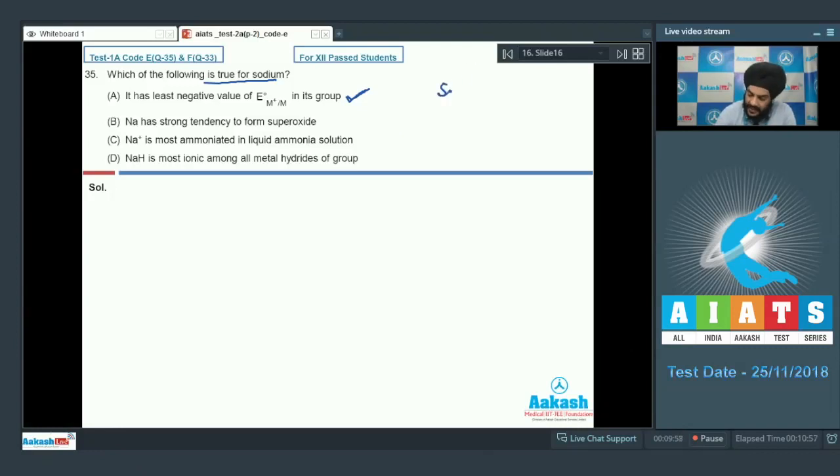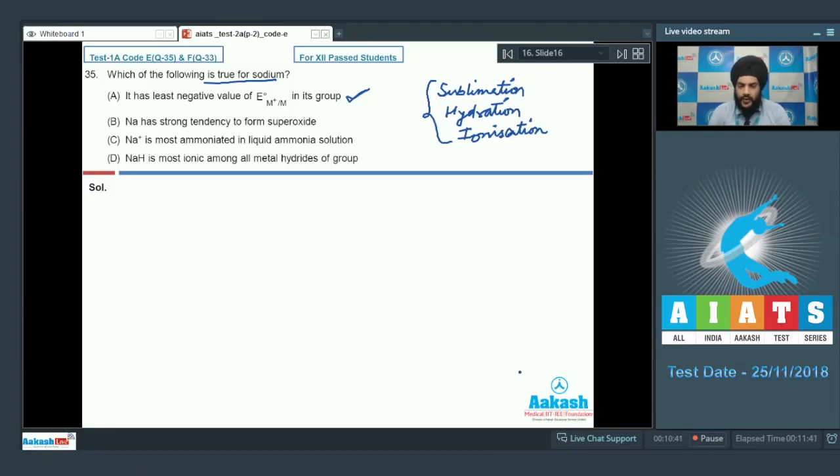It depends on the sublimation energy, it depends upon the hydration energy, and it depends upon the ionization energy. Due to variation in these three parameters, the E0 values are affected, and as a result, it is a fact that sodium has the least negative electrode potential value in its group. Let us look at the next option now.